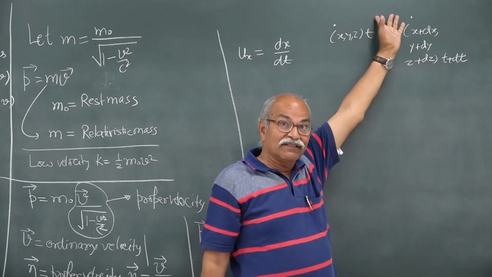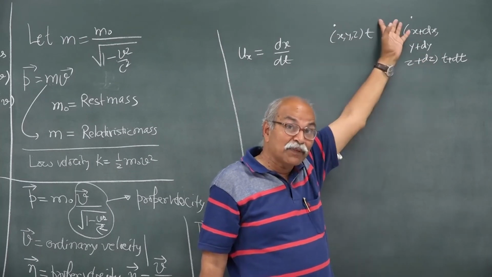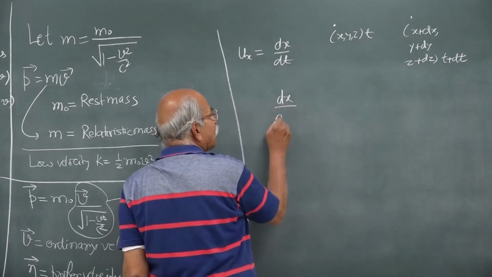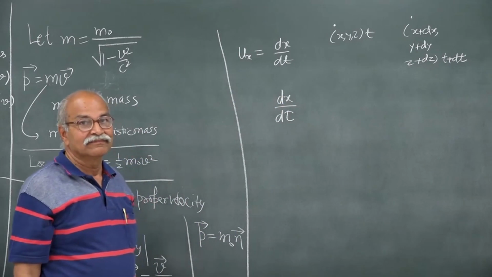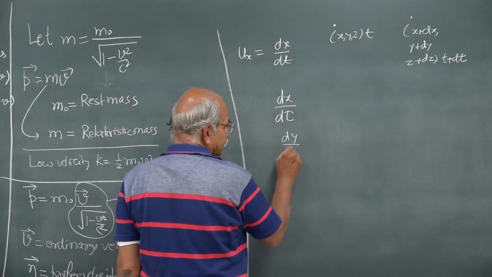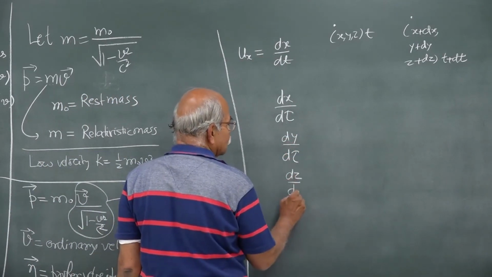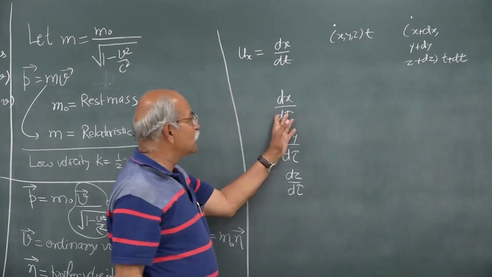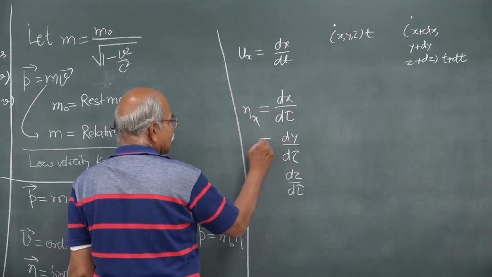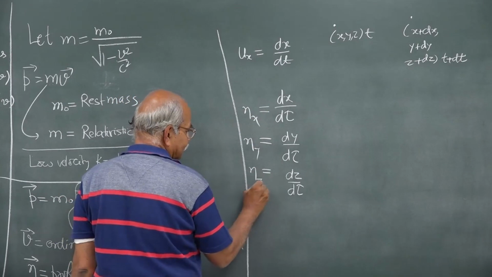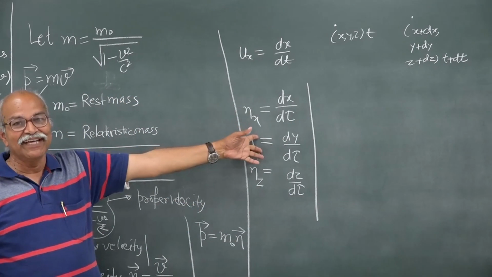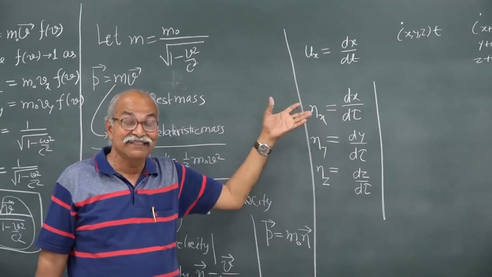What is the proper time interval? If you take that proper time interval and construct dx over d tau, and similarly dy over d tau, dz over d tau, where d tau is the proper time interval between these two events, these are actually the components of that eta. We will talk more about this eta, and we will show that yes, this is a useful quantity in relativity.